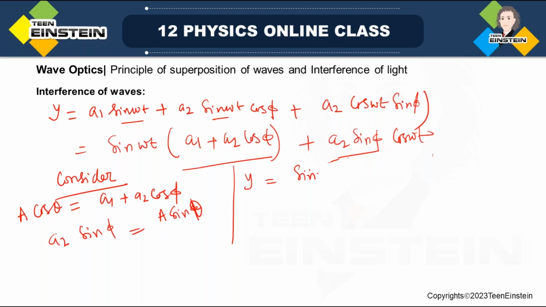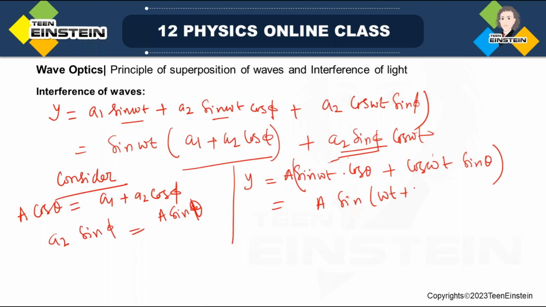So sine omega t, a cos theta plus, this we have taken as a sine theta, so cos omega t, a is common, cos omega t sine theta. So this will give you actually a nice one: sine of omega t plus theta.